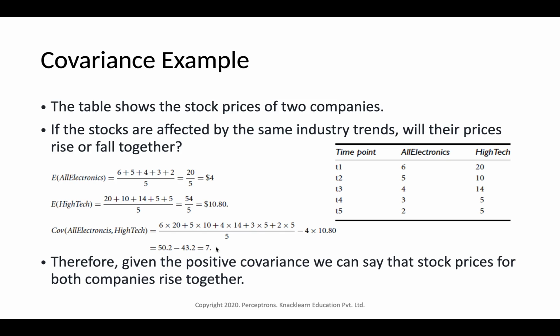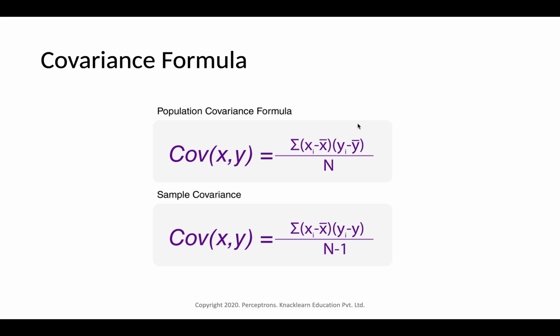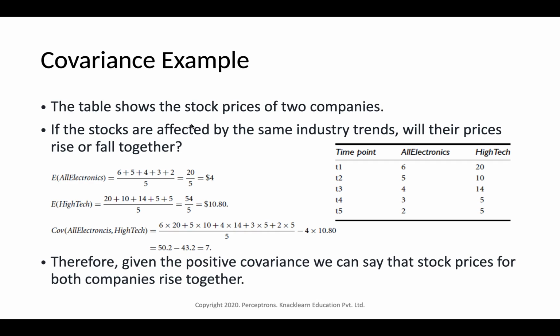Within this, we are getting the value as 7. So the covariance value is 7. We can either use this formula, E of a b minus a mean and b mean, or we can use the population covariance formula, and we get the value 7 either way. So we are getting a positive value of covariance here.